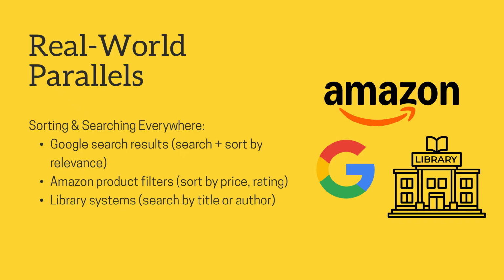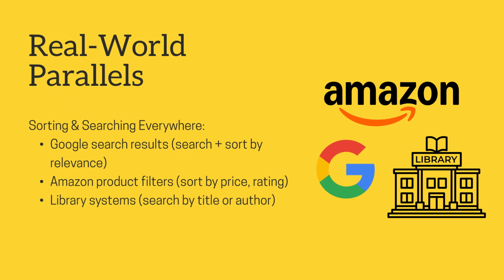Now, sorting and searching aren't just classroom ideas. They're used in nearly every modern system. When you Google something, the engine searches millions of pages and sorts results by relevance. When you shop online, results are sorted by price or popularity or rating.